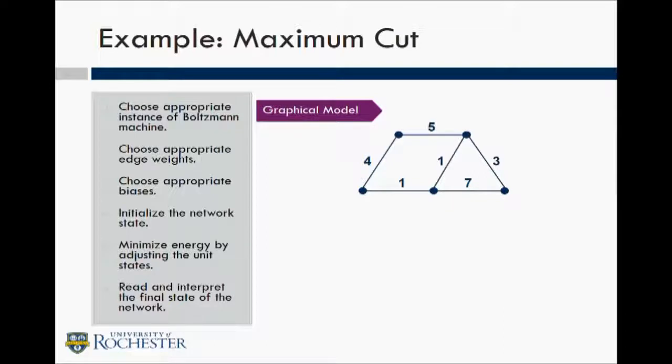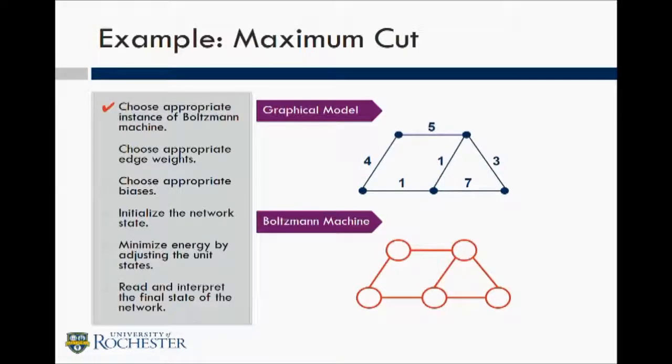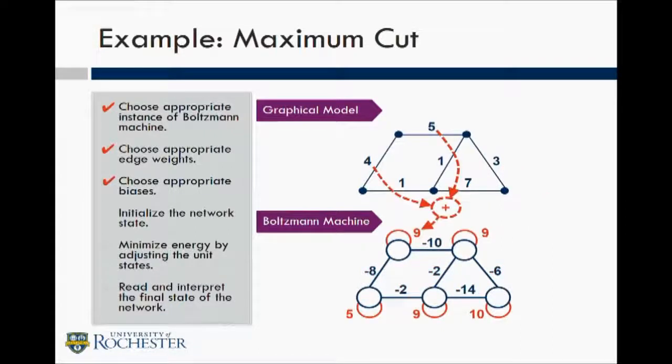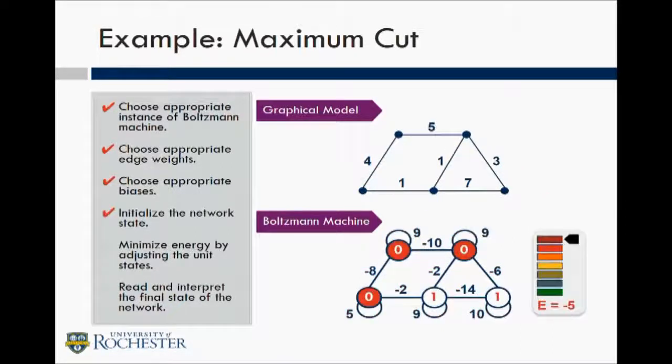To do this, the first thing that you have to do is to find an instantiation of the Boltzmann machine, and for maximum cut, this ends up being rather simple. It's identical topologically to the graphical model that you started with. Then there is an initialization of the edges, in this case by multiplying the original edges by -2. And then we randomly initialize the states and simply let the network perform its optimization over various different iterations.